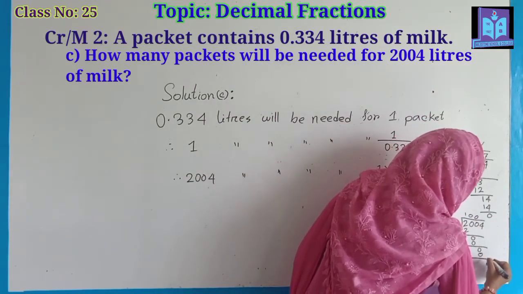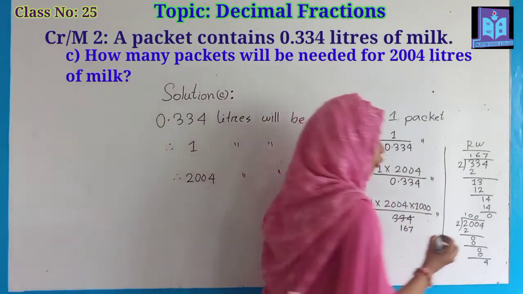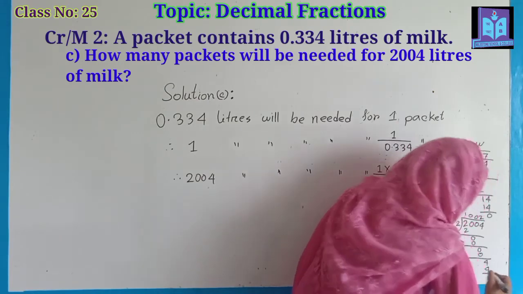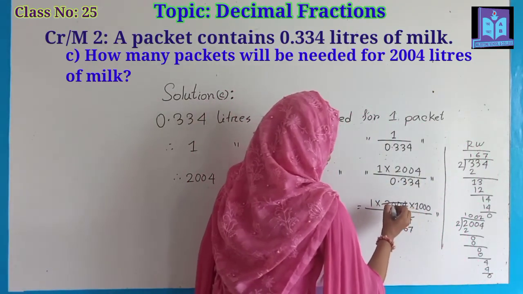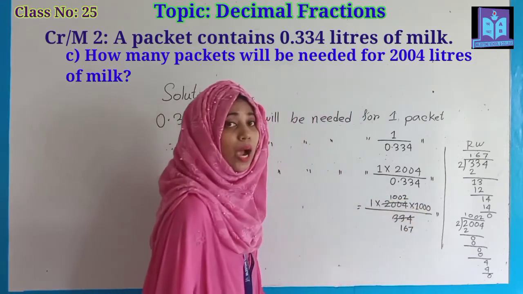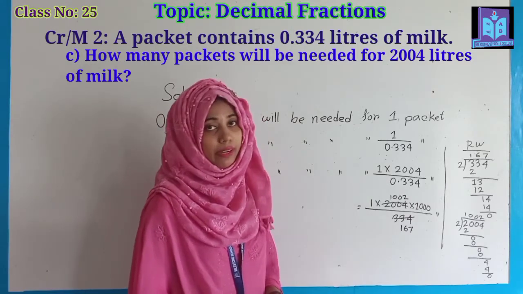And we will put another number, that is 4. So 2 2s are 4. There is nothing left. It means no remainder. So we got the quotient. Our quotient is 1002.